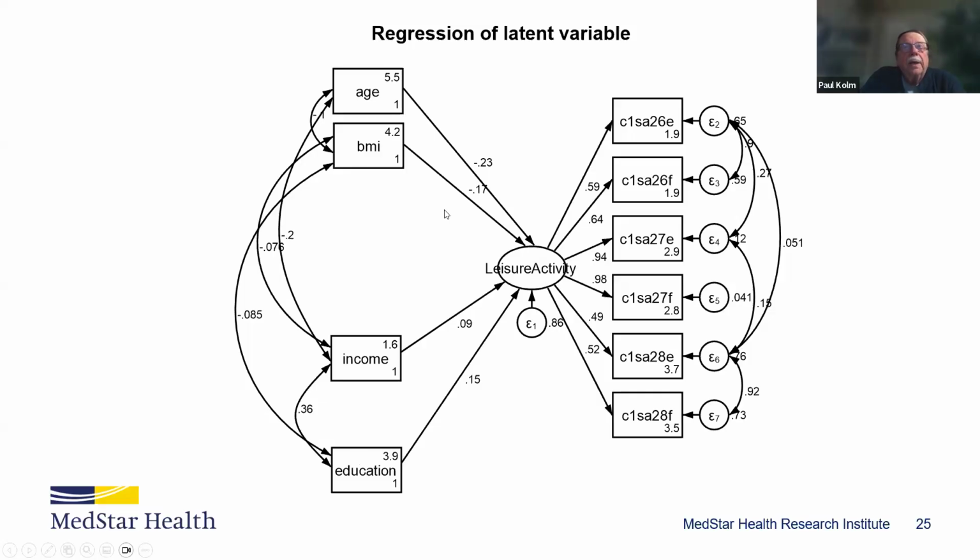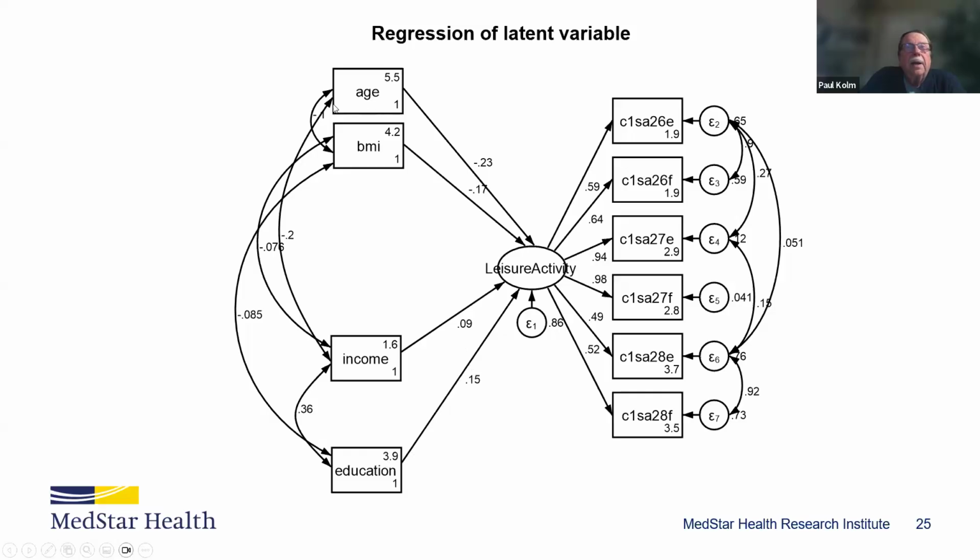Again, we now have our standardized regression coefficients, which means that these are correlations. We can see that age and BMI have a negative impact on leisure activity, which is not terribly surprising. Income and education have a positive impact on leisure activity.